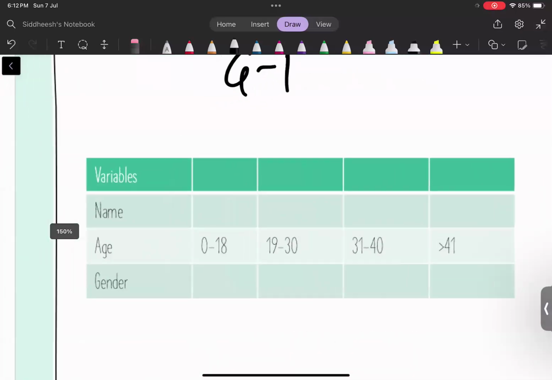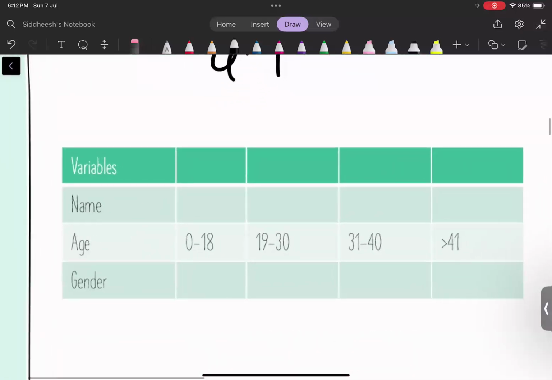Now, in this part, I want you to tell me what the issue is. Suppose you want to find out the name, age, and gender, correct? And suppose I want to evaluate, among this category, how many of the patients are having anxiety. I want to check how many of my patients are having anxiety.